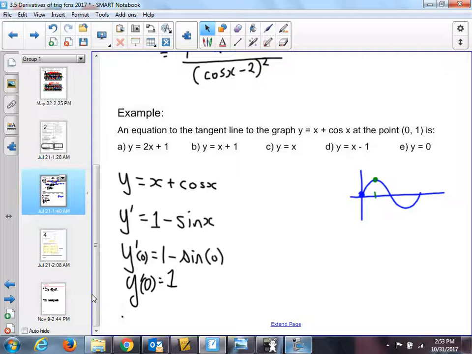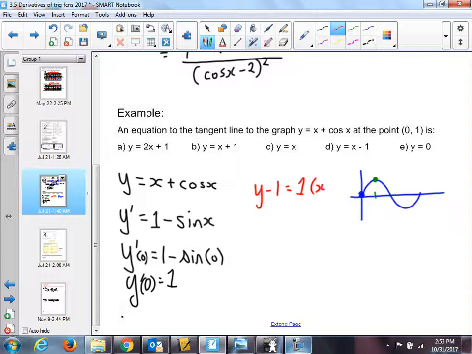I got the slope of the tangent line. I almost don't have to do much, but we will. I can eliminate this because it's definitely not 2 and it's definitely not this one. So that's what we do now. Y minus y1, positive 1, equals m times x minus 0.